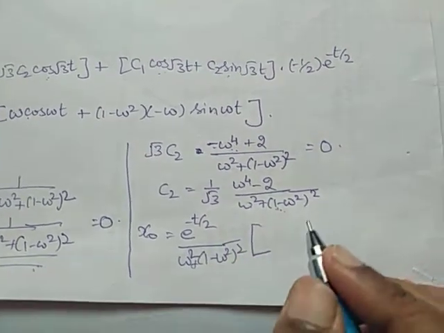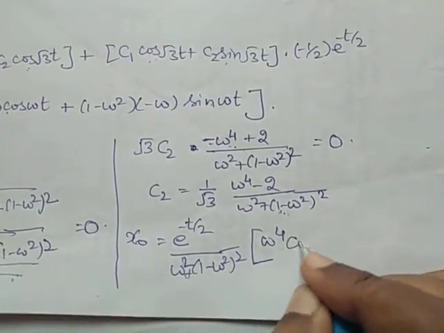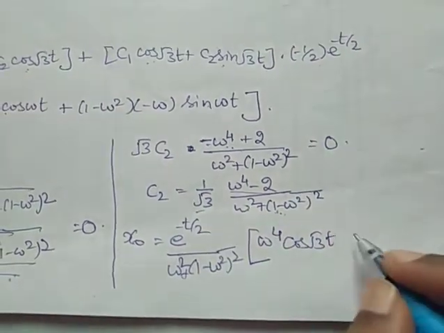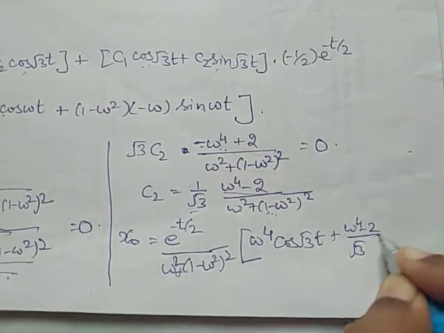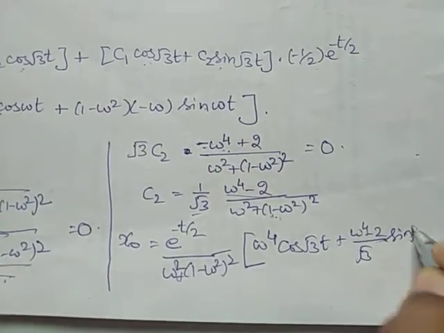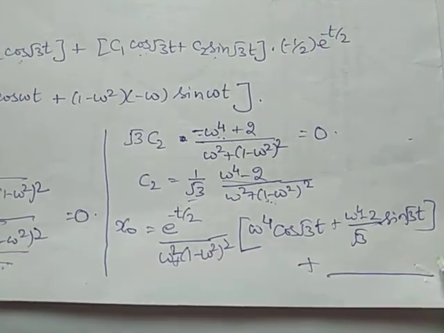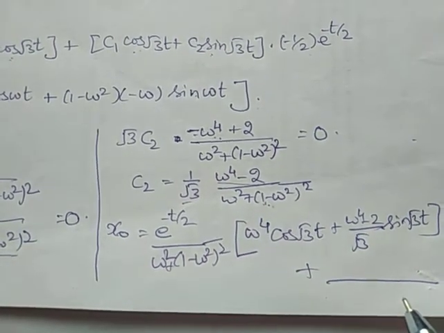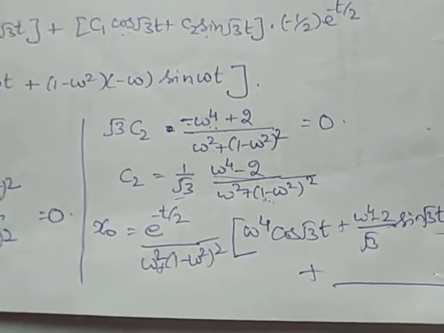What are the remaining terms? C1 is having omega power 4 cos root 3t, and C2 is having this term plus (omega power 4 minus 2) by root 3 sin root 3t, plus the PI term sin omega t plus (1 minus omega square) cos omega t divided by (omega square plus 1 minus omega square) whole square.